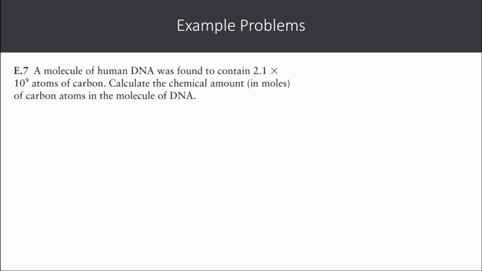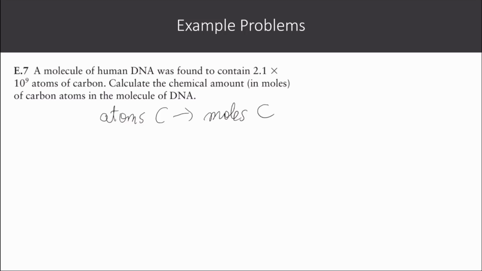Let's do the next question. The next question says, a molecule of human DNA was found to contain 2.1 times 10 to the 9th atoms of carbon. Calculate the chemical amount in moles of carbon atoms in the molecule of DNA. Okay, so in this case, we're trying to go from atoms of carbon to moles of carbon.